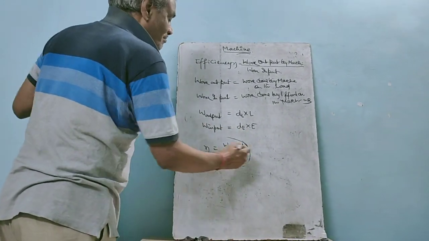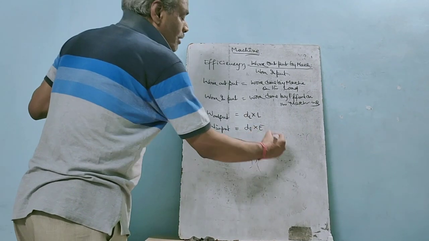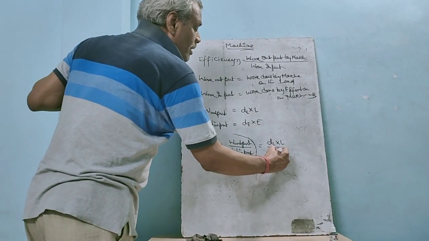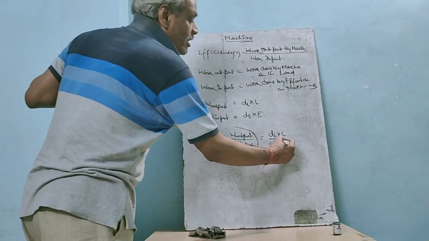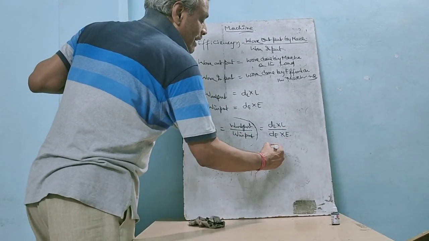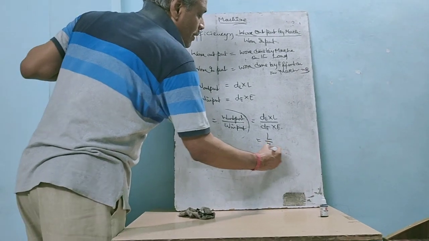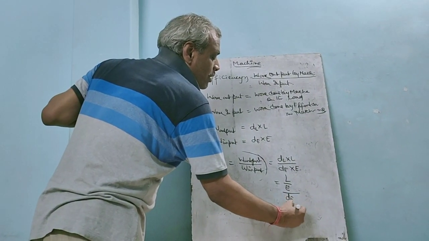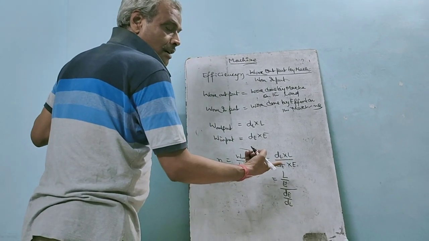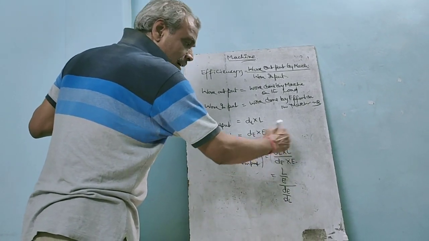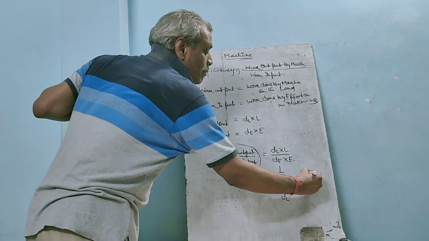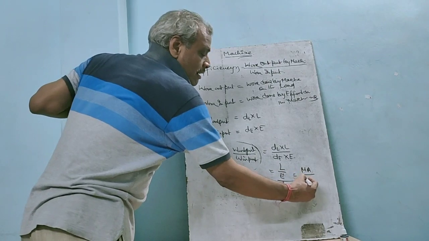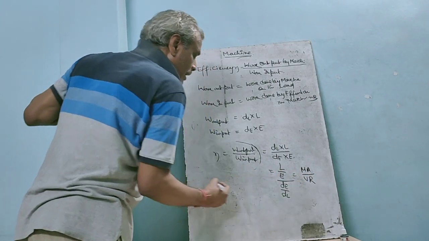One more thing. Work output equals displacement of load into load. Work input equals displacement of effort point into effort. We can write load upon effort, and dE upon dl. Load upon effort is the mechanical advantage, and dE upon dl is the velocity ratio.